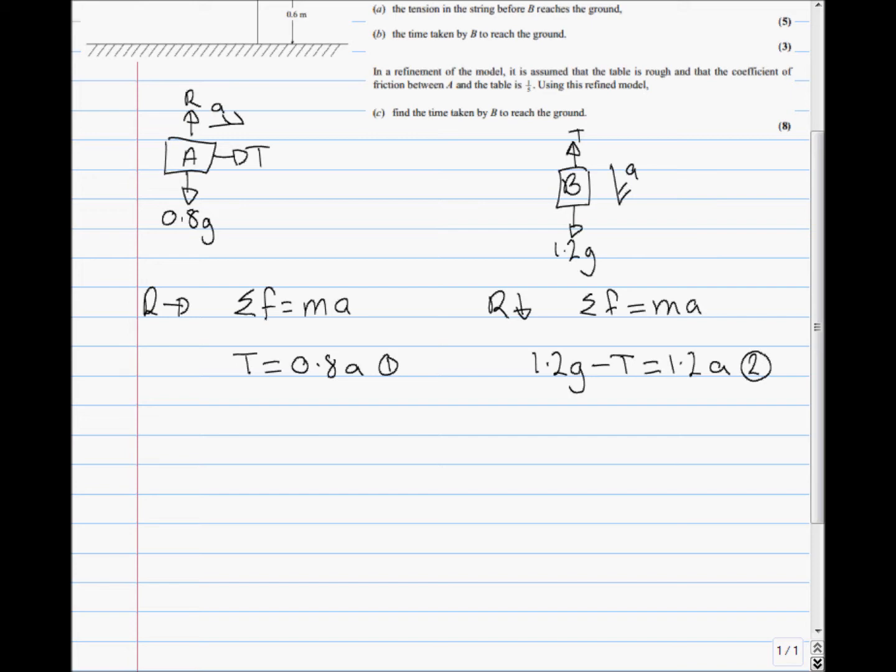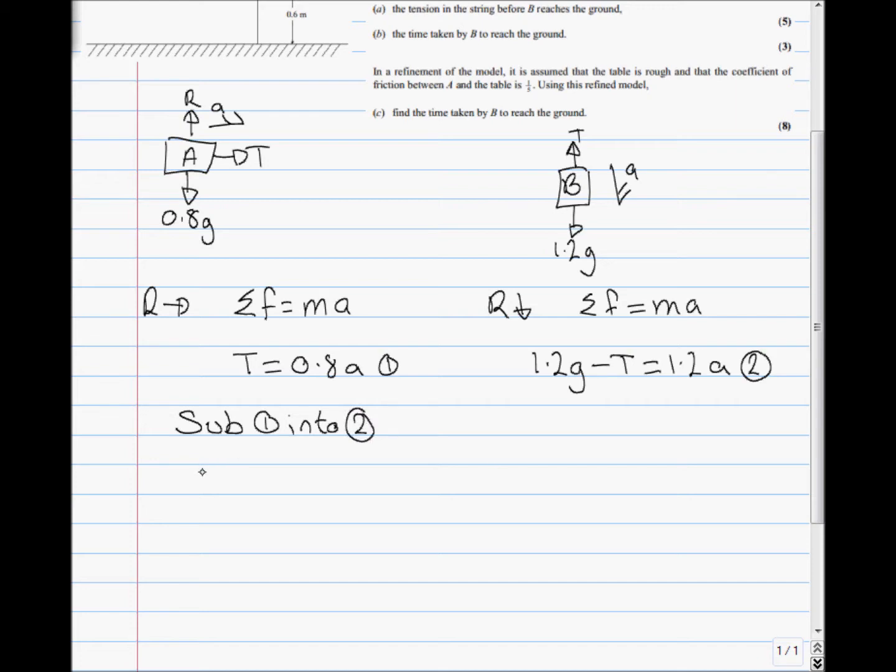So it wants me to find out what tension equals. I think I'm actually going to find out the acceleration first, so I'm going to sub 1 into 2.